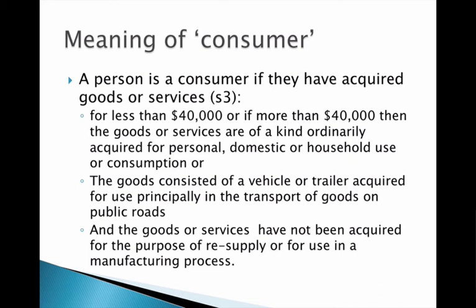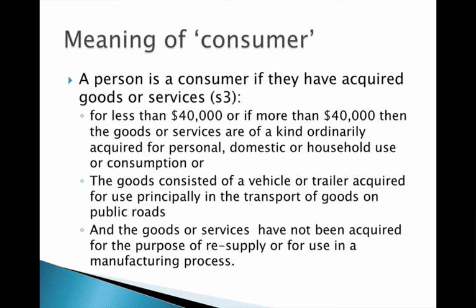So what does that actually mean? Well, it means if you buy $50,000 worth of dishwashing liquid, right, then that can be a consumer transaction. So it's $40,000 or goods or services of a kind ordinarily acquired for personal, domestic or household use.